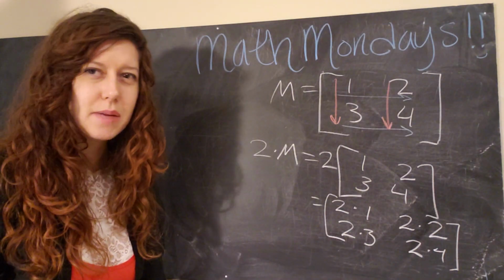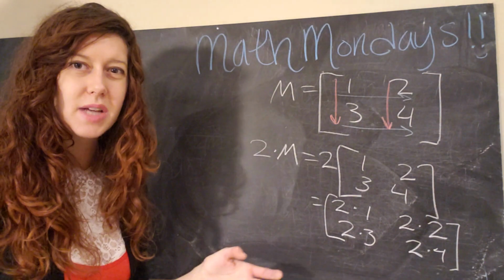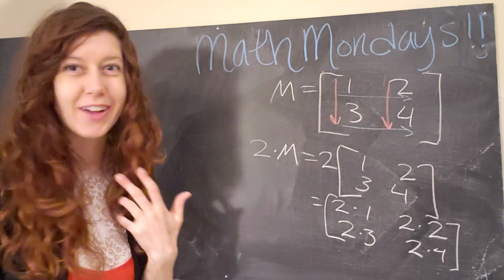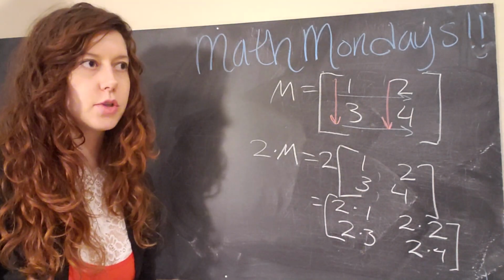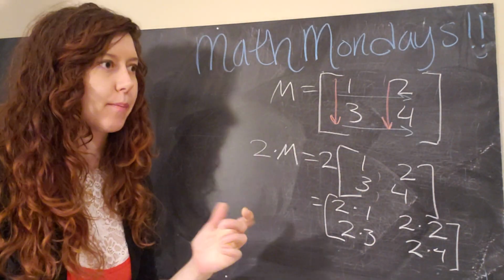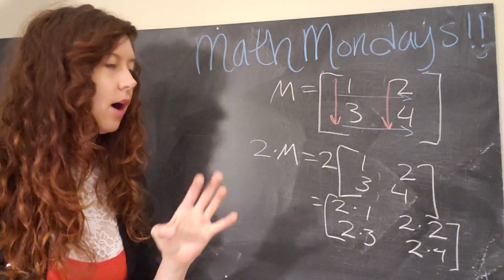Oftentimes you'll see matrices with just spaces in between the numbers. If you have messy handwriting like I do, sometimes it helps to write little commas to keep the numbers separate, especially when you start getting equations in your matrices.